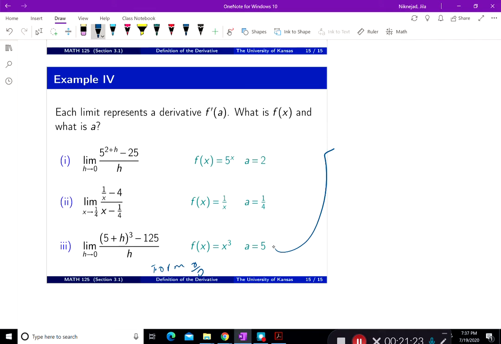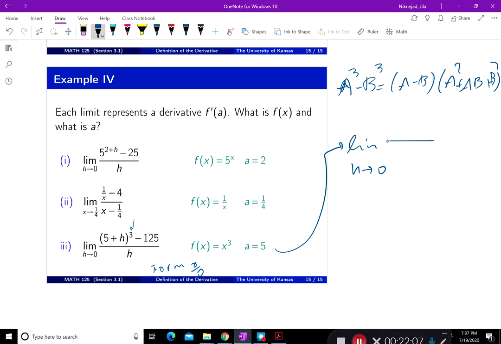So this one becomes the limit as h goes to 0. Again, I know that h equal to 0 makes the denominator 0, and h should be a factor in the numerator too, because it's a polynomial that makes the numerator 0. There are two ways of doing this: either expand 5 plus h to the power 3, or use this formula, a to the power 3 minus b to the power 3 is equal to a minus b times a squared plus ab plus b squared.